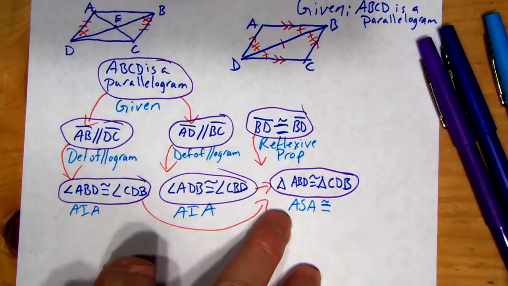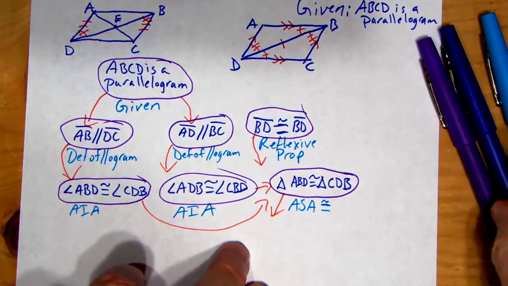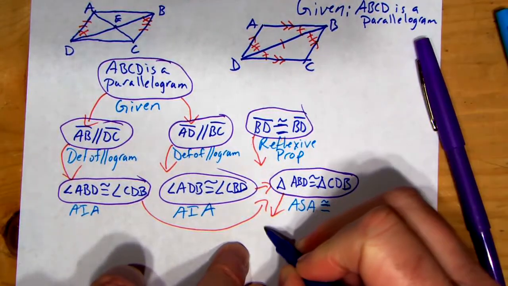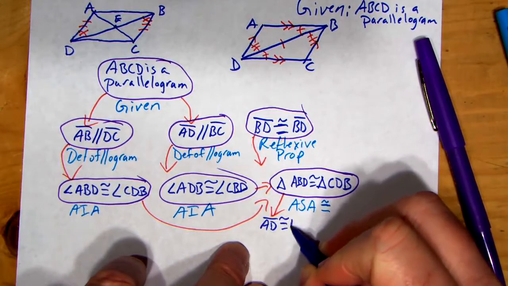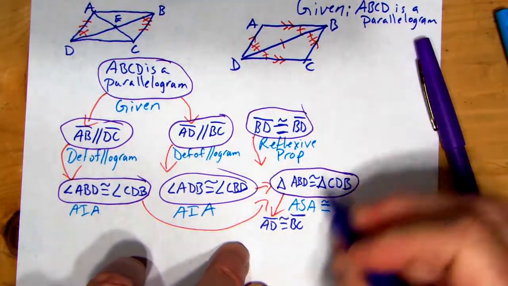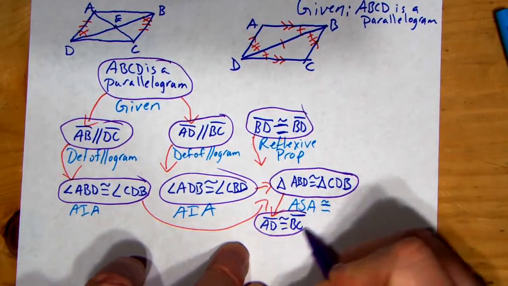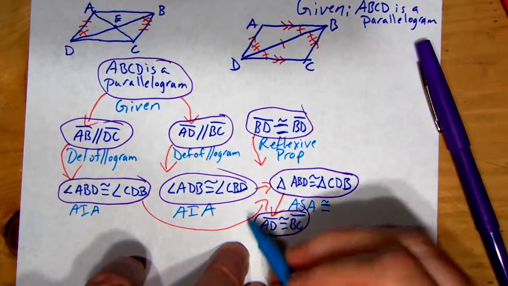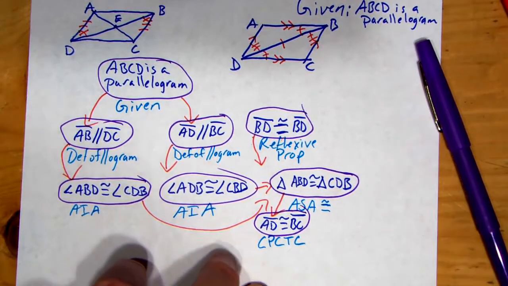Oh, we need to actually come off of here and say that those two segments are congruent. Now, AD congruent to BC there, and that's going to be a CPCTC. Corresponding parts of congruent triangles are congruent.